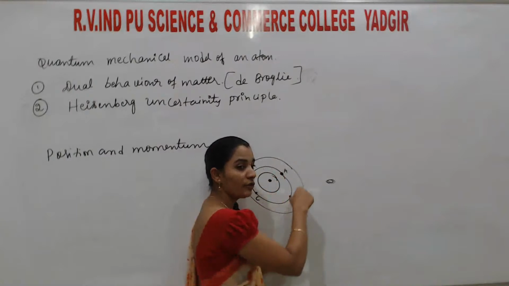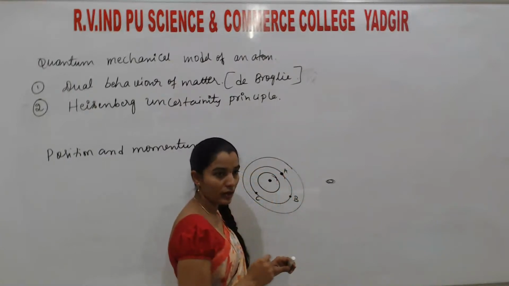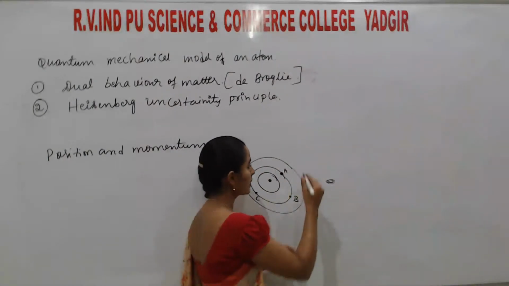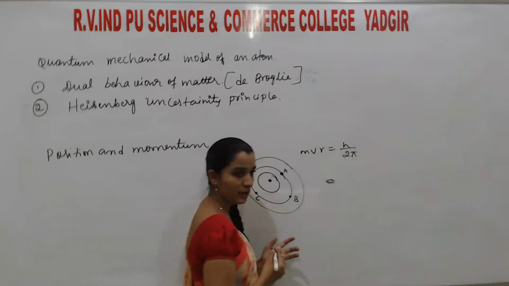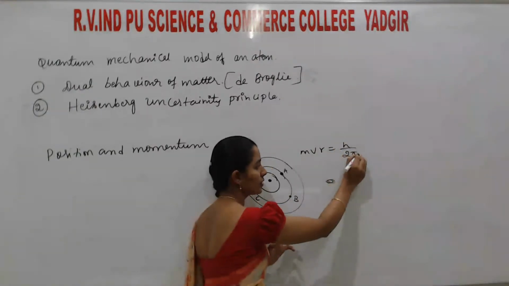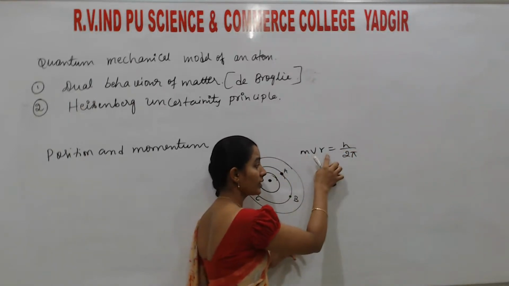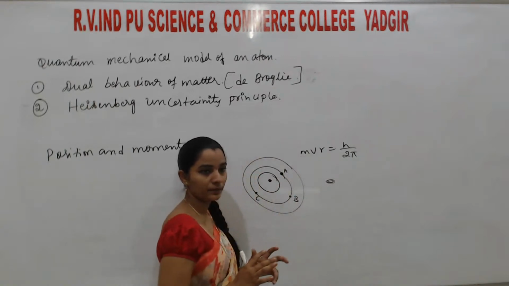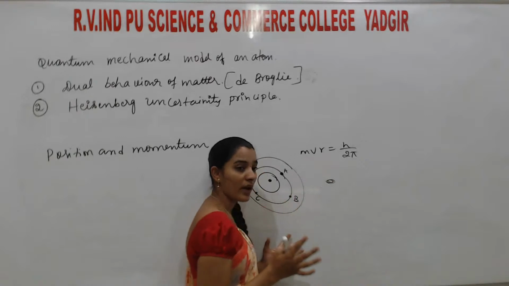So if we try to find the momentum, then we cannot fix the position. We can easily find the angular momentum: mvr equals h divided by 2 pi. That is the formula. h we know, 2 we know, pi we know, mass we know. Next, r is the radius, v is the velocity. But here there is no position, there is no x value.